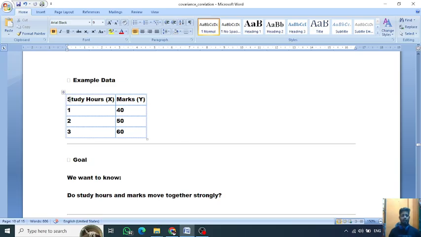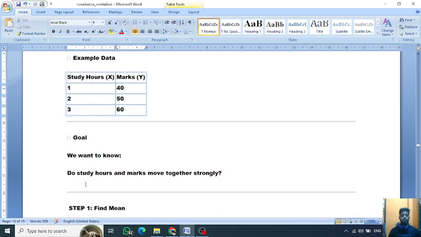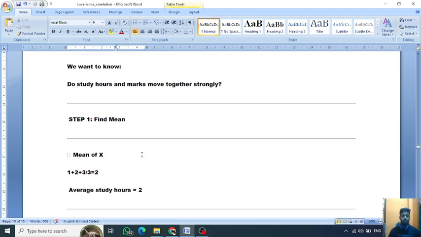So this is our sample data, study hours and marks. Study hours 1, 2, 3 and marks 40, 50, 60. So the goal: do study hours and marks move together strongly? The first step is we find the mean of x.